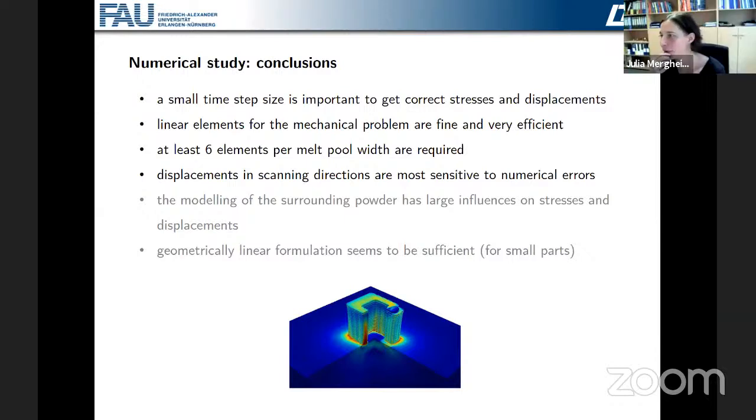Well, as I said, we still maybe have to look into that in more detail, but for the cases that we simulated until now, we didn't see these large differences. Usually these formulations become unstable, maybe if the strain is too large.